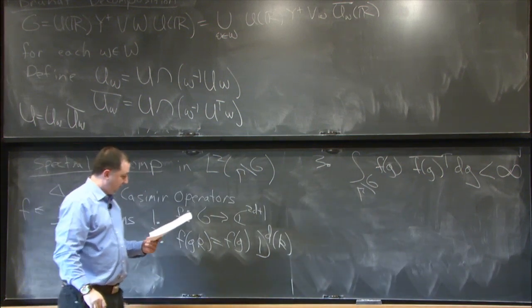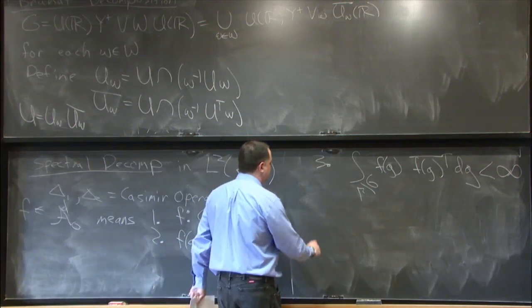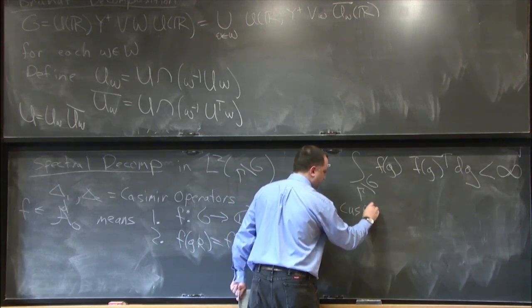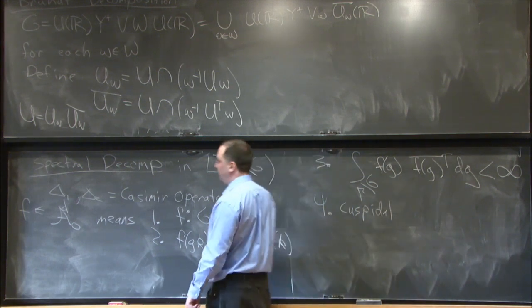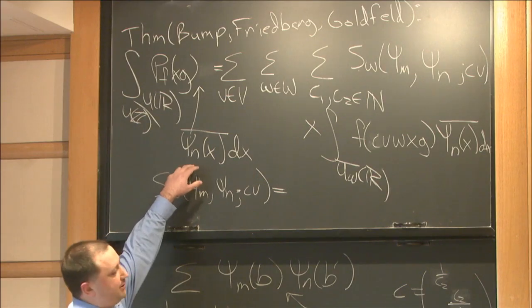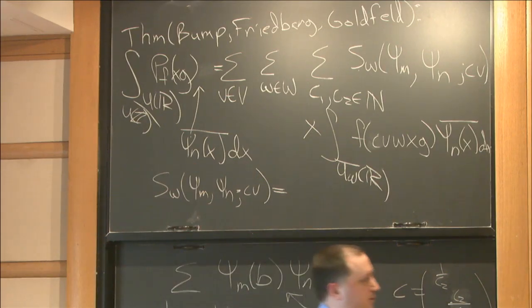Okay, 4, so it should be cuspidal. Okay, and so I sort of belatedly defined what I meant by a Fourier coefficient. So I mean by cuspidal that all of the degenerate Fourier coefficients of f are 0.